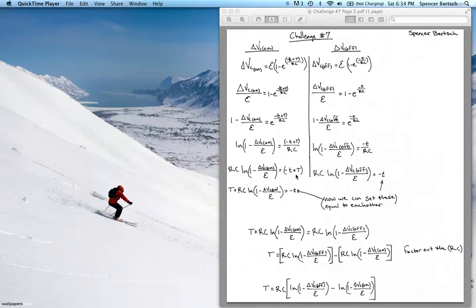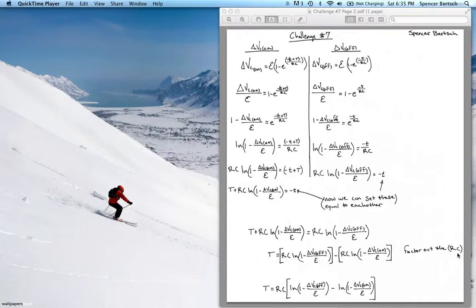Once you have both of these, you can set them equal to each other and solve for this capital T, which is the time it takes for the capacitor to charge and charge until it discharges. So we have RC natural log of 1 minus delta VC on, and RC natural log of 1 minus delta VC off. So it's pretty simple from here on out.